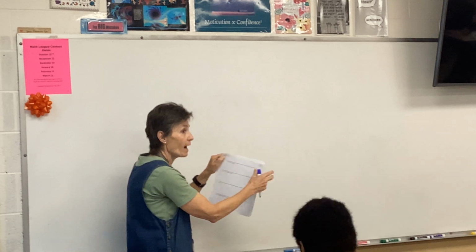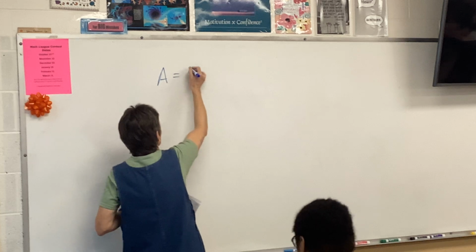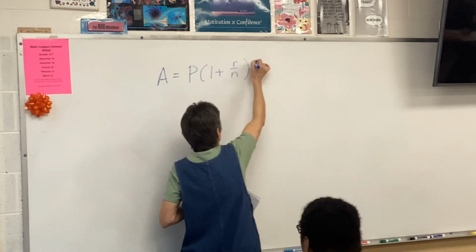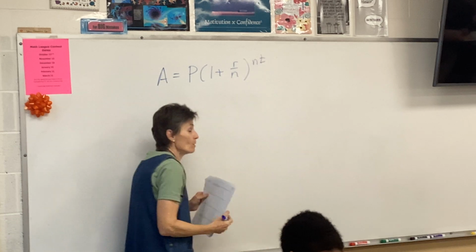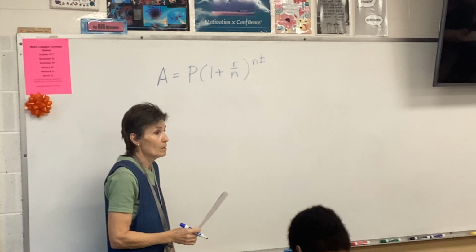So up here at the top, we're gonna write two formulas. The first one, and then I'm gonna tell you what all these different letters mean. And again, you don't need to memorize it, but you need to know how to use it.